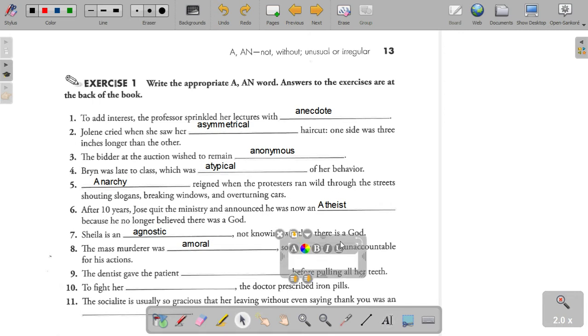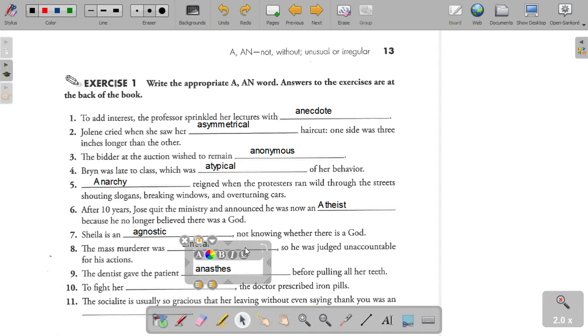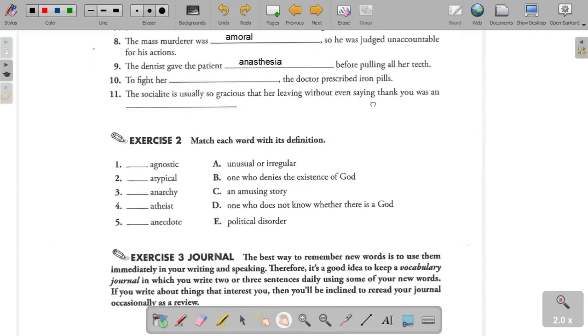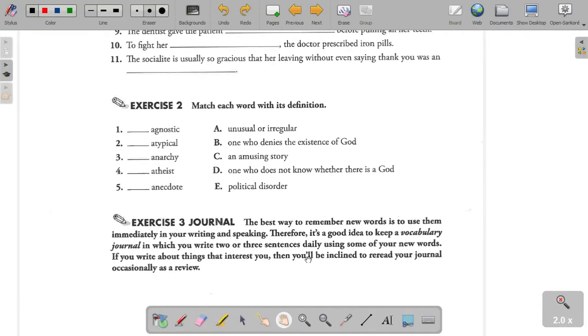So the dentist gave the patient blank before pulling all her teeth. Anesthesia. Anesthesia, good. It must be painful. Yeah. Well, all her teeth sounds a little bit extreme. To fight her blank, the doctor prescribed iron pills.